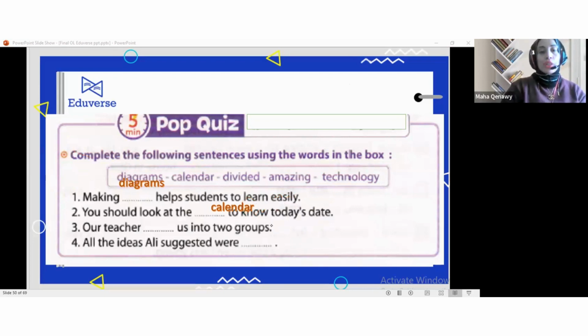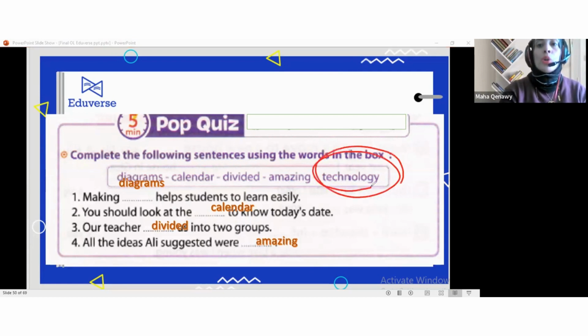Our teacher divided us into two groups. He made us into two groups, so he or she divided us into two groups. All the ideas Ali suggested were amazing. And you know, the word technology is all new or modern ways, strategies of conducting something like computers, tabs, laptops.